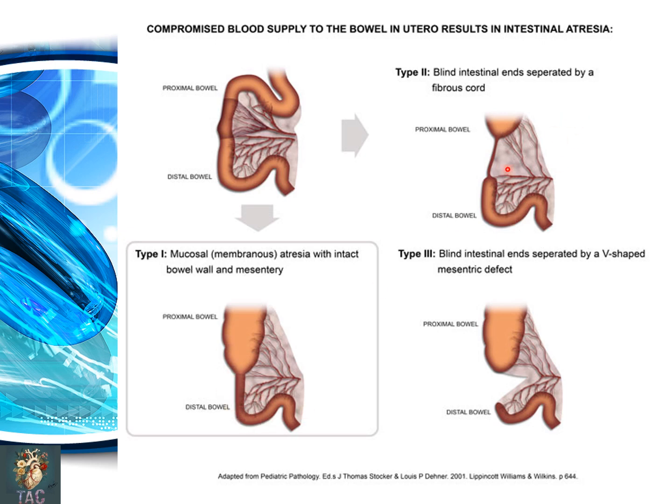In this condition, you can see blind intestinal ends separated by fibrous cords. So there is a fibrous cord, the end is blind over here, and this fibrous cord is attaching it to the distal part of the bowel. The blind intestinal ends are separated by a V-shaped mesenteric defect. So here in this diagram you can see there is no fibrous cord, but there is a V-shaped defect of the mesentery. So these are the different defects.